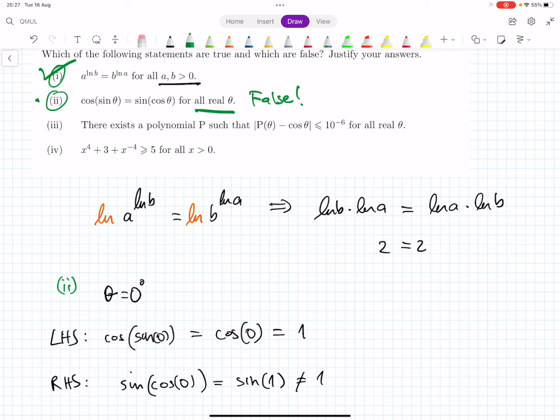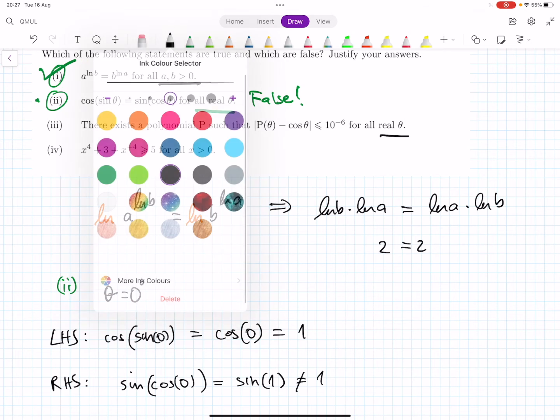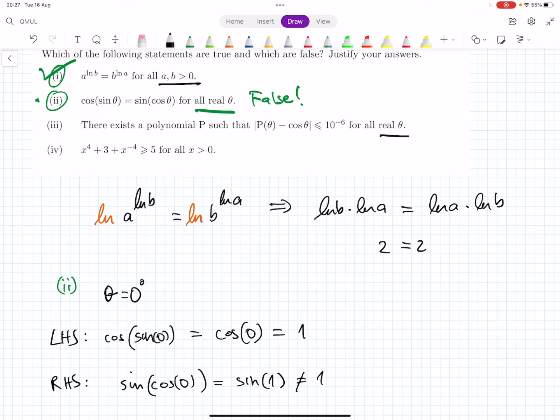And the third, we're looking for a polynomial such that when we subtract cos x from it, it will always be less than a very small number, and the angle is theta. Now, a polynomial is made of terms ax to the n, where n is a positive whole number.